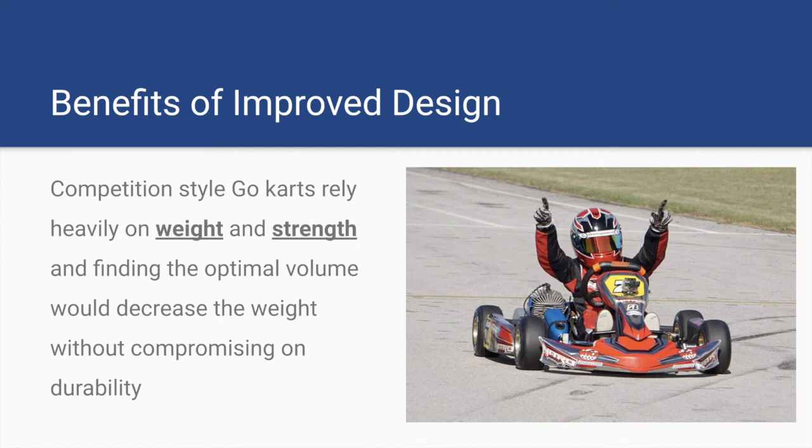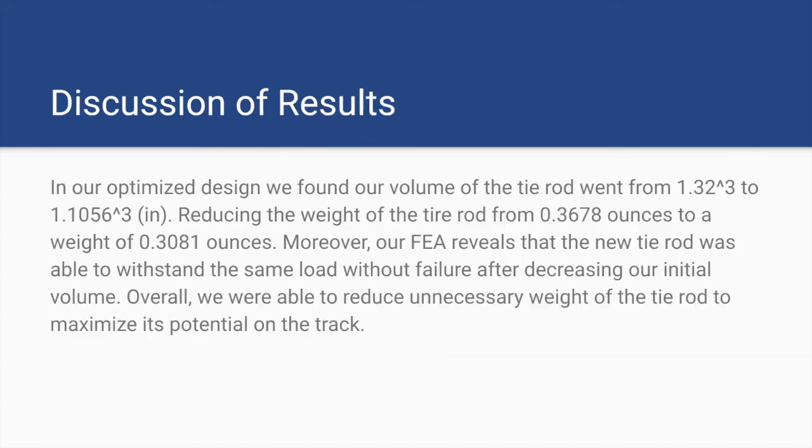So the benefits of the improved design: competition style go-karts rely heavily on weight and strength, and we believe that finding the optimal volume would decrease the weight but not make the part too weak. We were able to reduce the volume, and in turn reduce the weight of our tie rod from 0.36 ounces to 0.3 ounces.